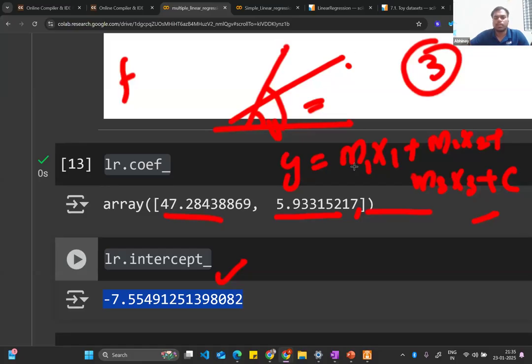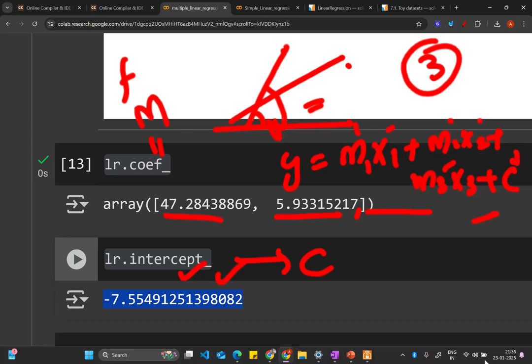Now I told you this thing: m1x1, m2x2, x1, x2, x3 values, and this will be a single value, your intercept, and these will be your slopes, right? Complete mathematical concept.